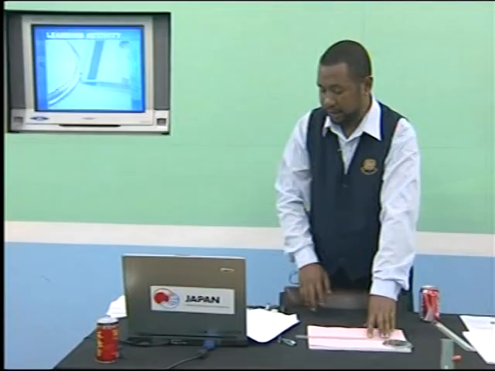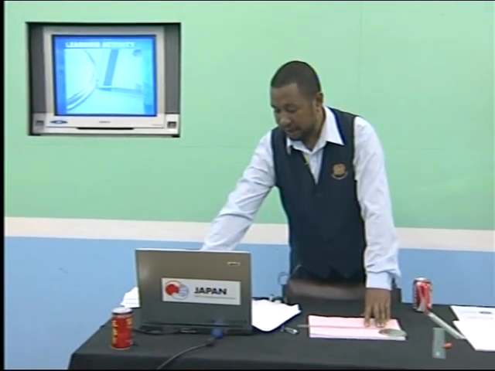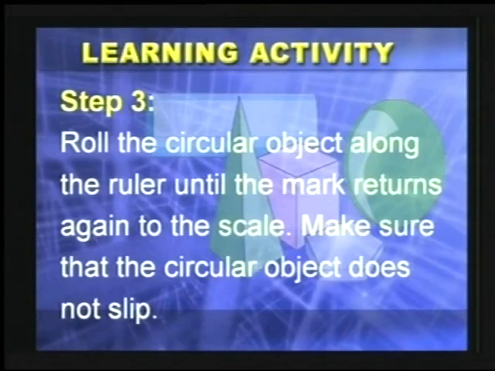The next step says, roll the circular object along the ruler until the mark returns again to the scale. Make sure that the circular object does not slip. Class, with the help of your friend, should be pressing the ruler firmly against the desk.